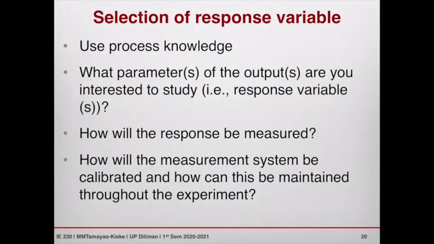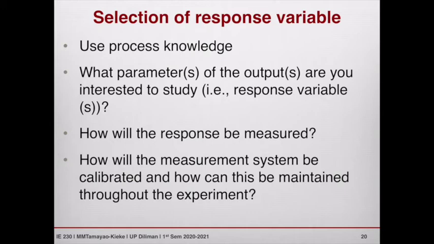Next, we use process knowledge and past experience to determine what variables can provide useful information regarding the process under study in the context of the identified problem. We ask questions such as what parameter of the output should be included in the study, or what response variable should be included.